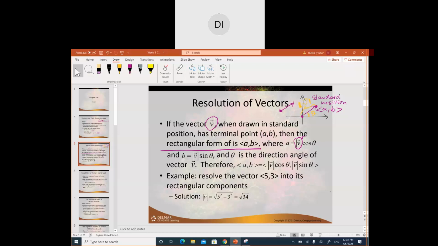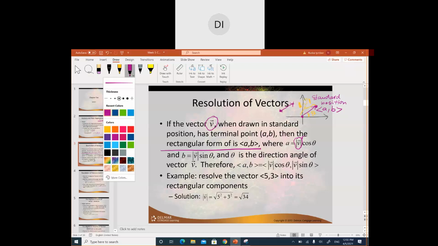No? Okay. So here we have one example, and probably I'm going to make more examples. We have an example where we're given a vector in rectangular form, which is 5 and 3, and you have to change it to polar.